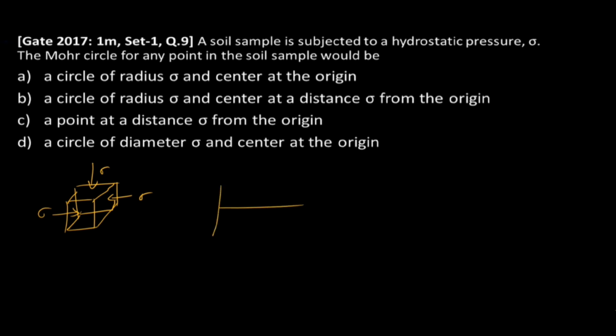From this we can clearly say that the Mohr circle will be a point at a distance of sigma from the origin. So in these options we can conclude that a point at a distance sigma from the origin, C, is the right answer.